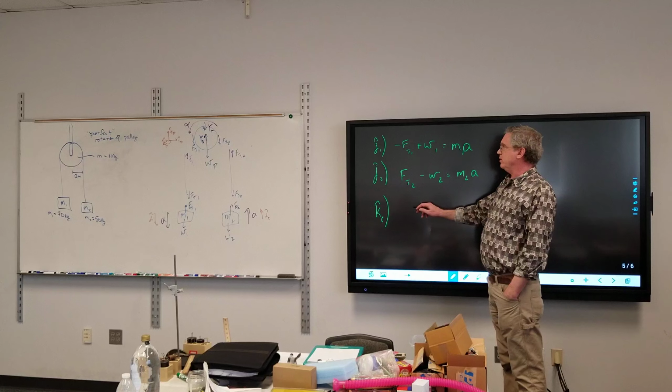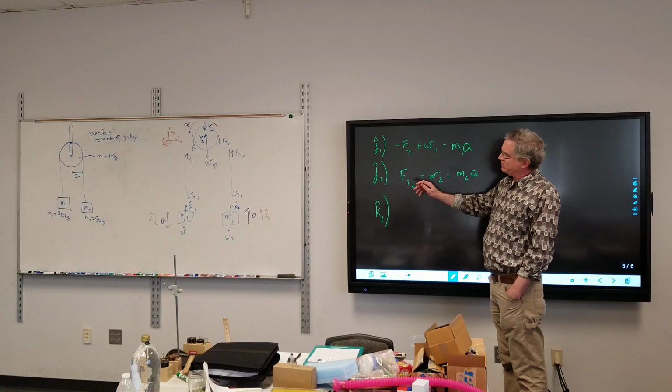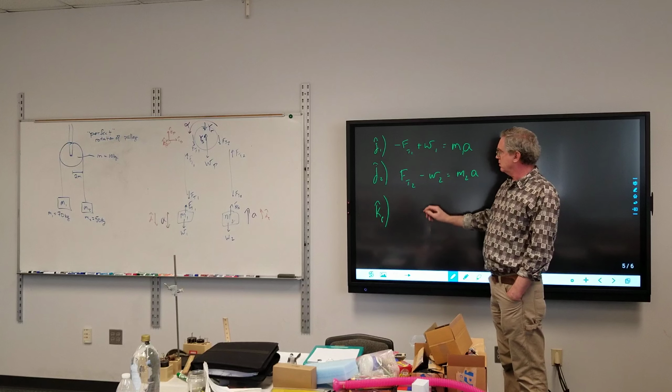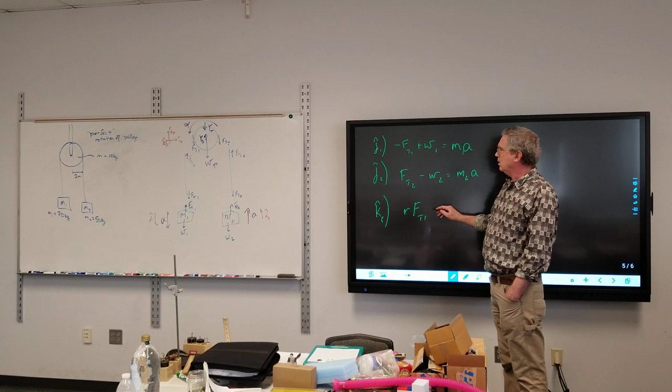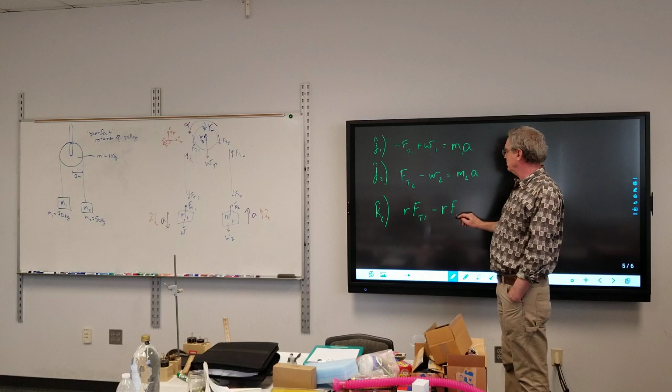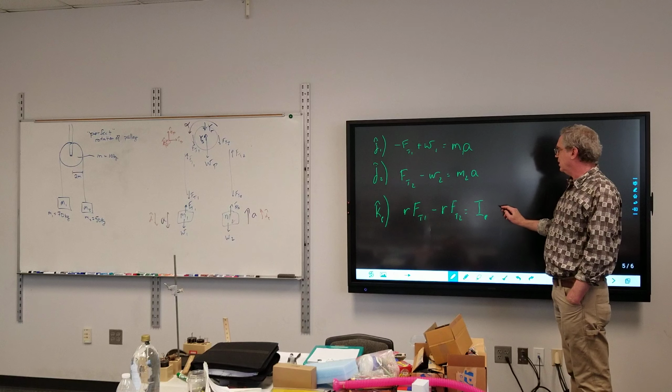So we are left with FT1 creating positive torque. So R FT1 minus R FT2 is equal to I of pulley alpha.